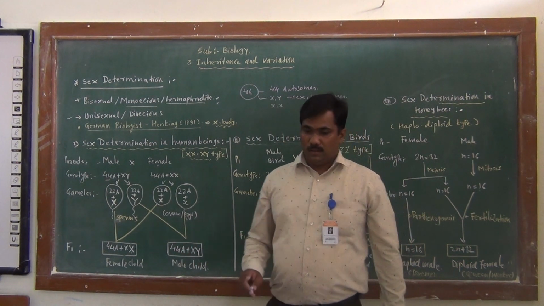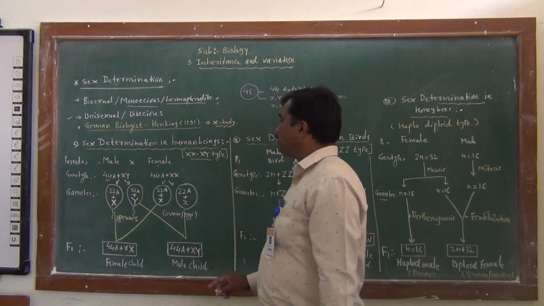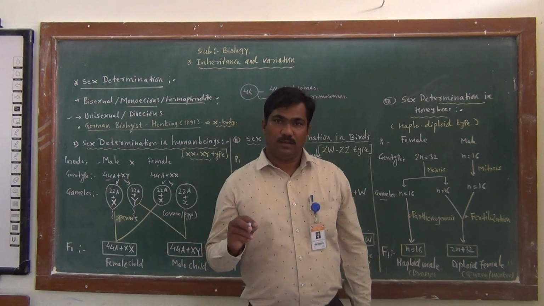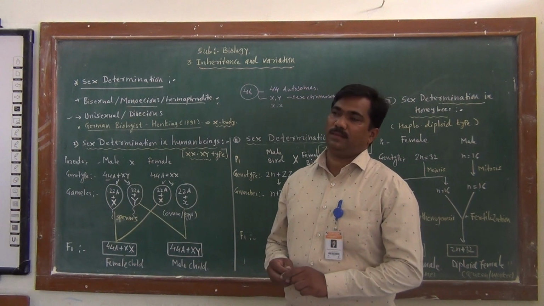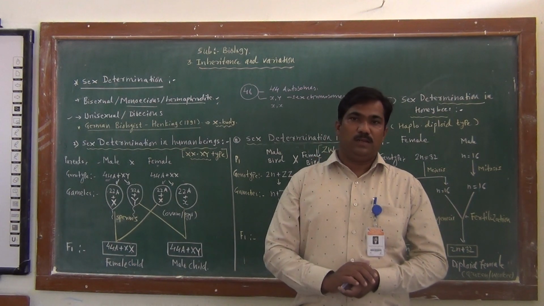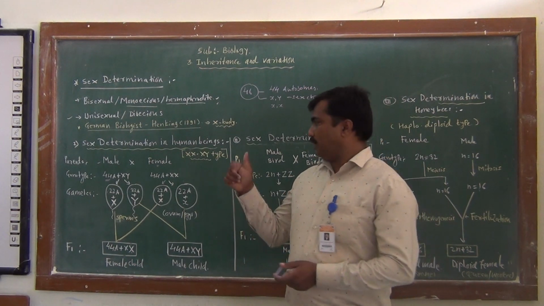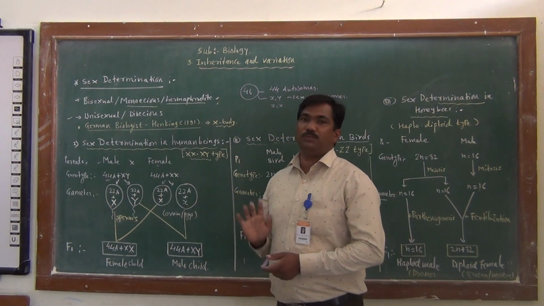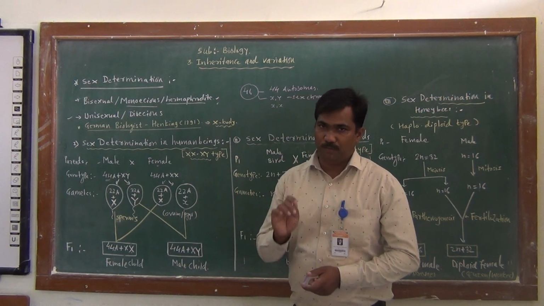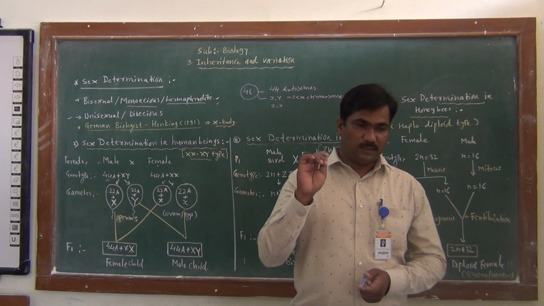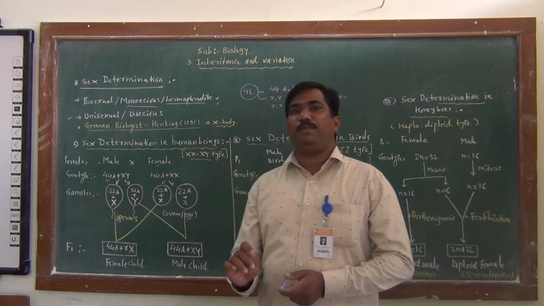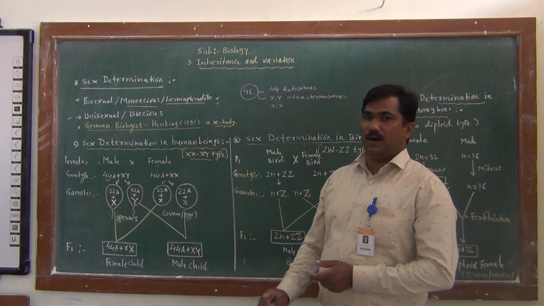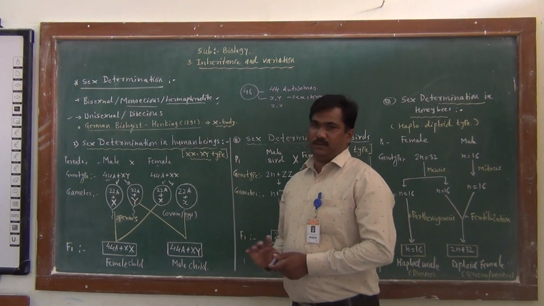Okay, so if you observe this cross, one thing is very clear: the sex of an individual depends on the type of sperm fertilizing the egg. I repeat, the sex of an individual depends on the type of sperm fertilizing the egg.